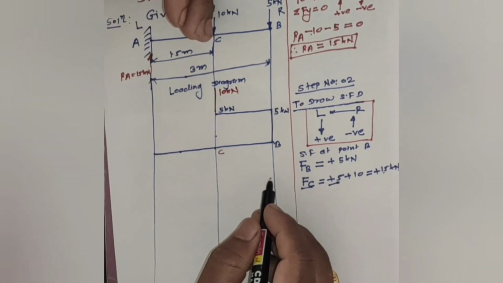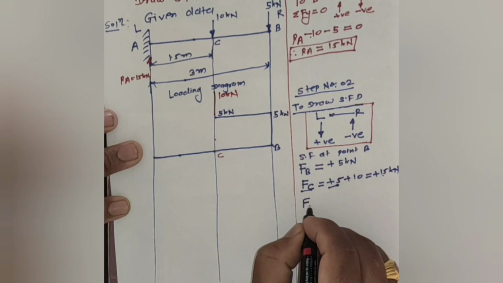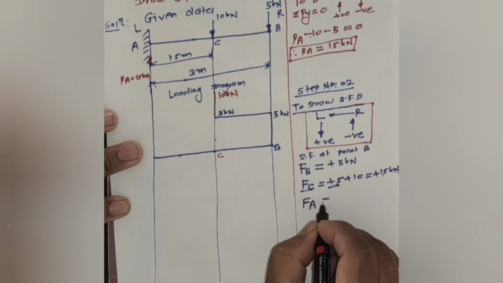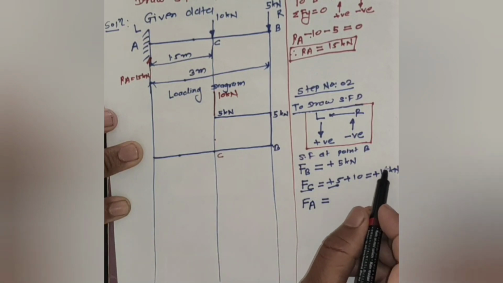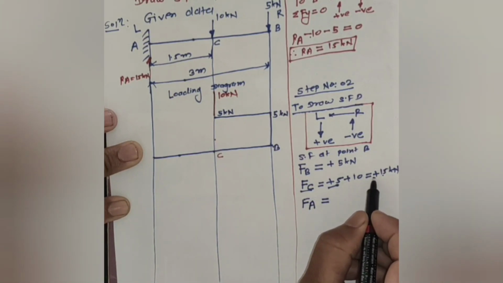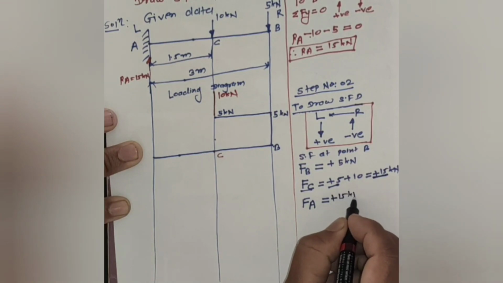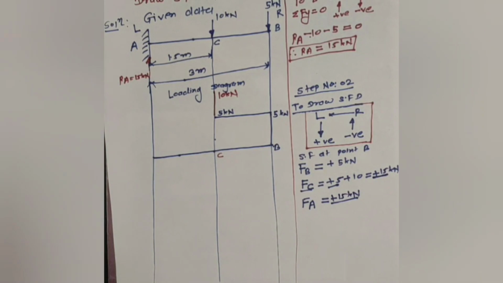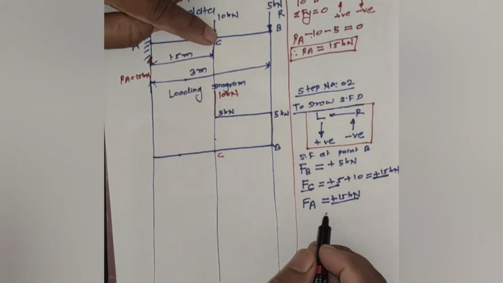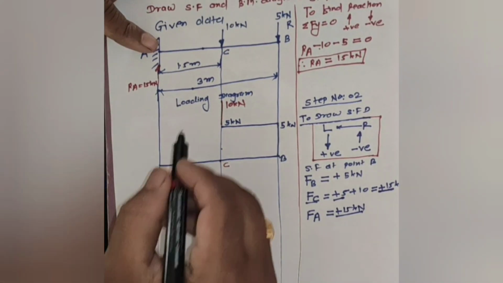Okay. Similarly, you have to calculate the shear force at point A. Again, the concept is shear force means what? Algebraic sum. You have to write down the previous shear force plus 15 kilonewton. In between C and A, again there is no load.